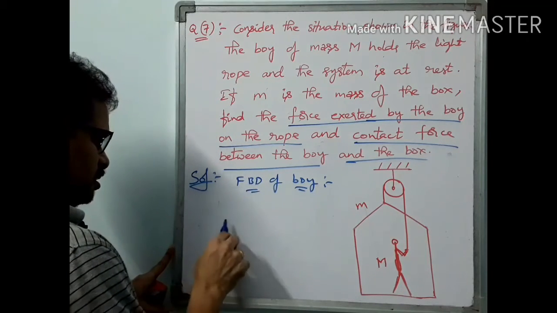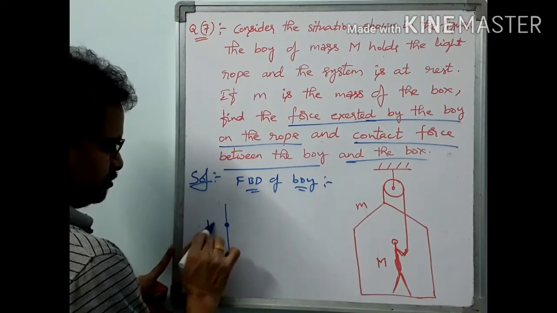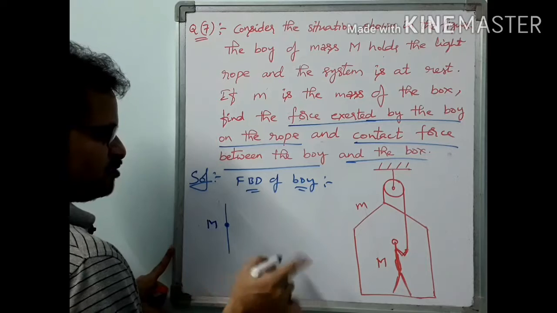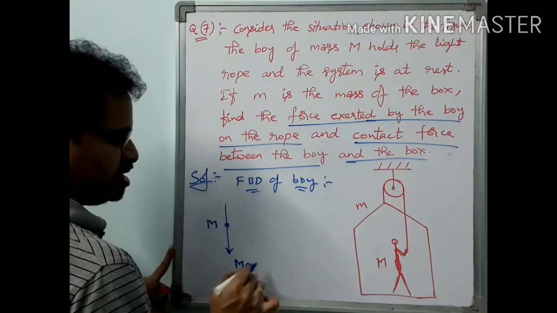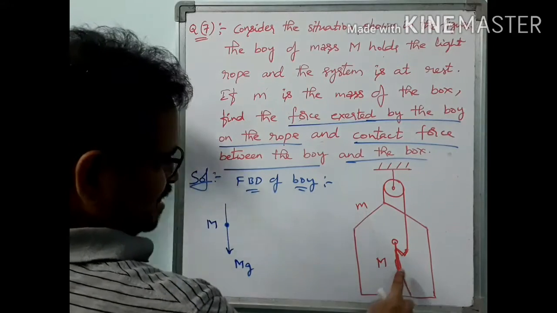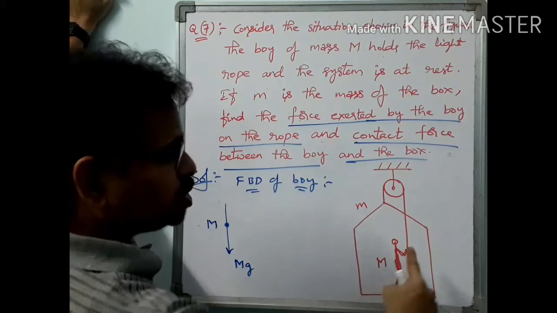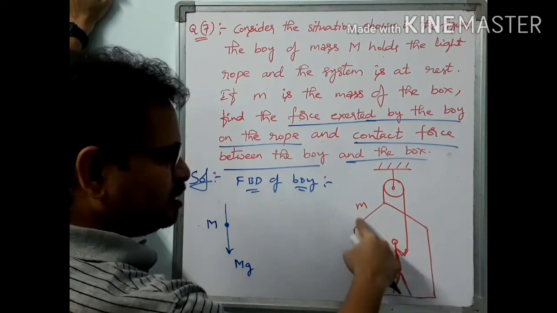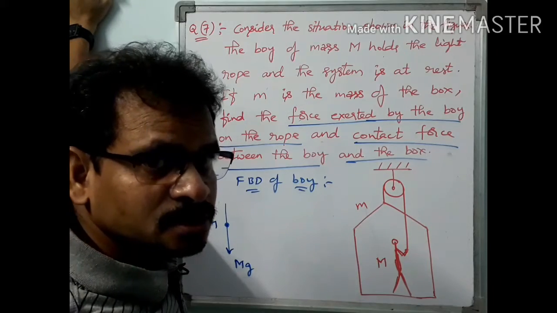Let us make him a point mass. What is his mass? Capital M. So what is the first force acting on him? Downward force, mg, gravitational force is acting on him. We have chosen this boy alone as a system. So this rope will be an external object, this box will be an external object, and also gravitational force due to the earth is an external force.